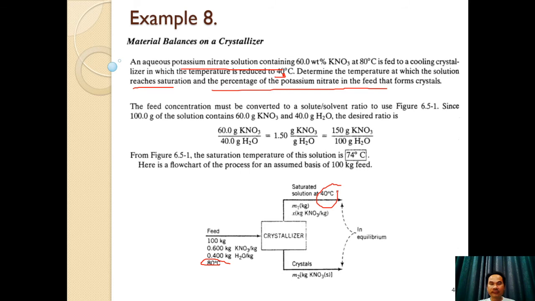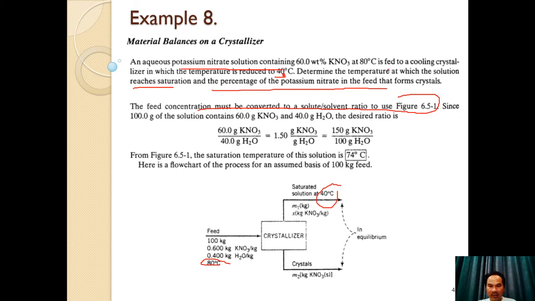During cooling to 40, we get the crystal, but before 40, what is the saturation? First step, you have to convert the feed concentration to a solute-solvent ratio used by the equilibrium line.